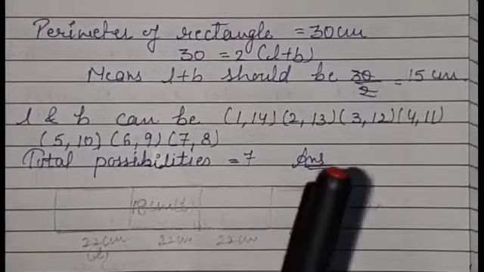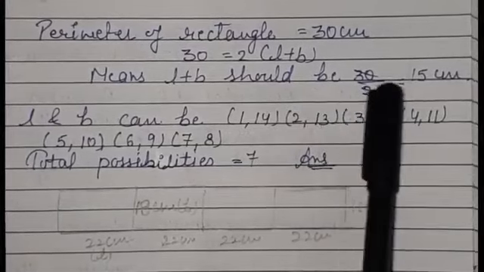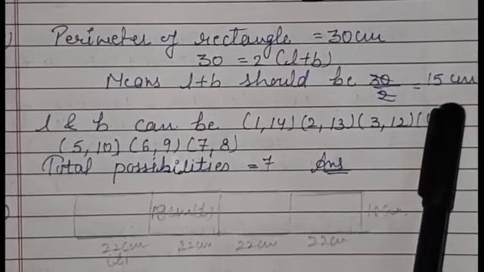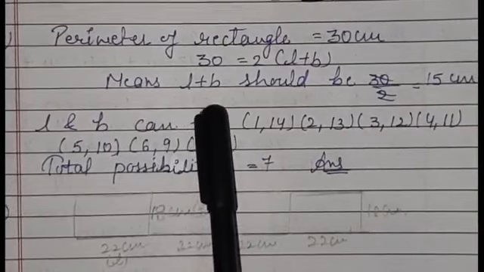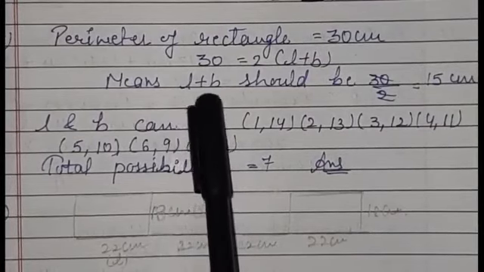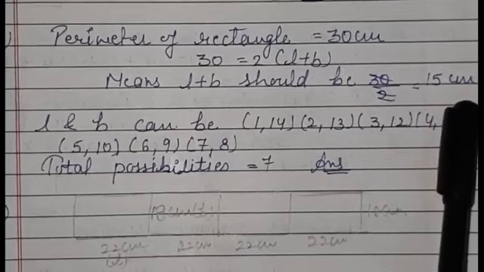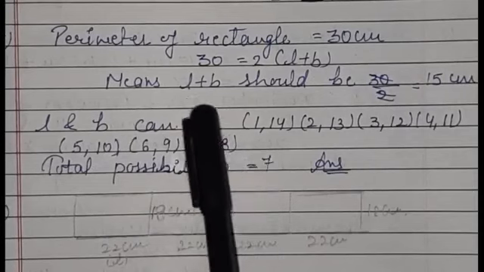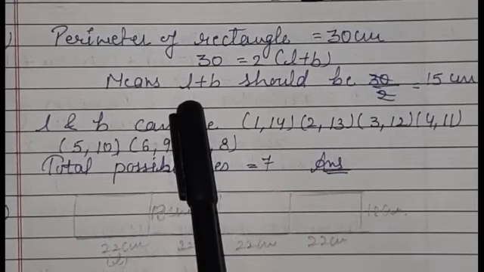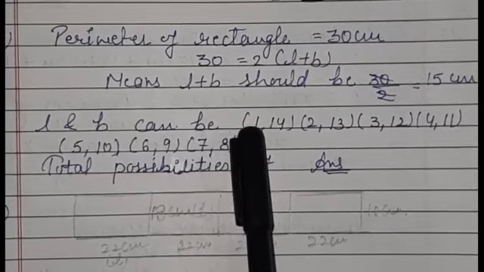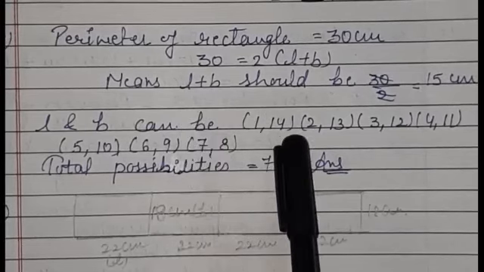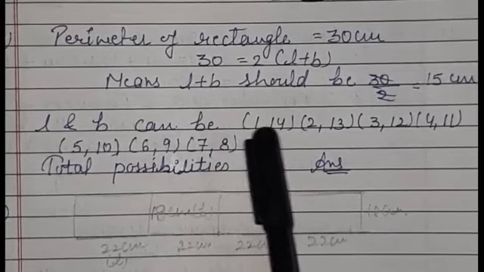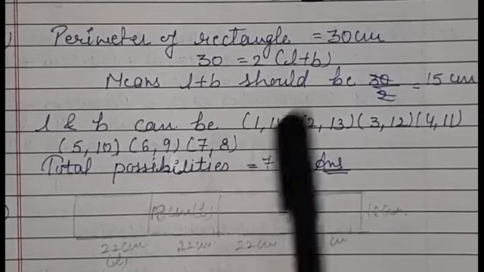So that means length plus breadth is equal to 15 centimeter. So how many cases can we make in which L plus B should be 15 centimeter, right? So first make all the cases. When we take length as 1, breadth we have to take as 14, then only the sum becomes 15. 1 plus 14 is equal to 15.